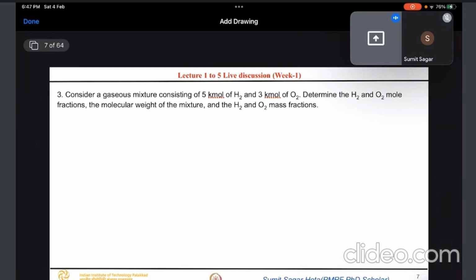So now in this question, consider a gaseous mixture consisting of 5 kilomole of H2 and 3 kilomole of O2. Determine the H2 and O2 mole fractions, the molecular weight of the mixture, and the H2 and O2 mass fractions.